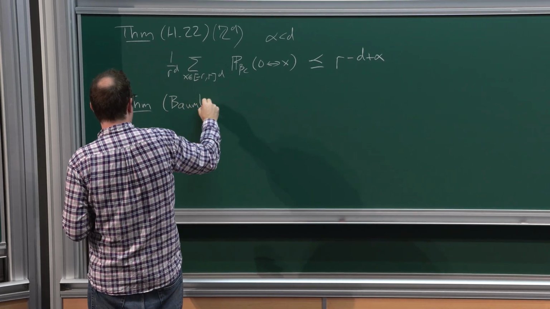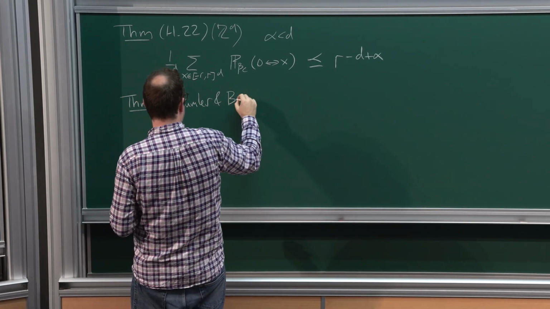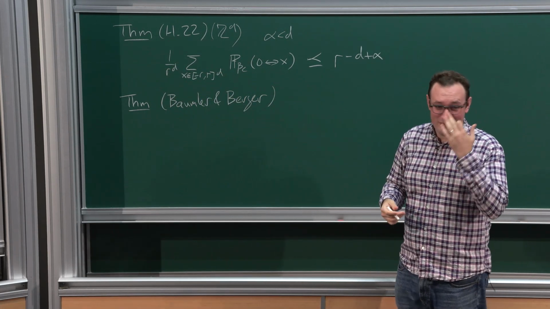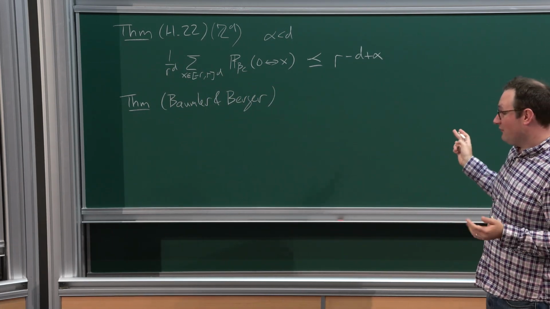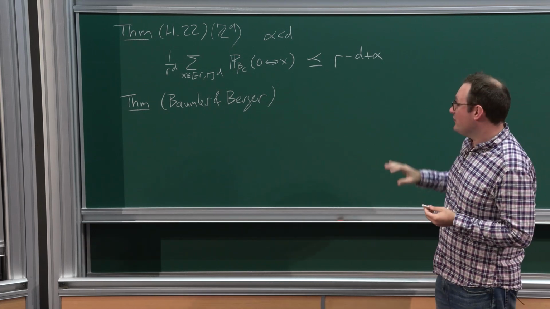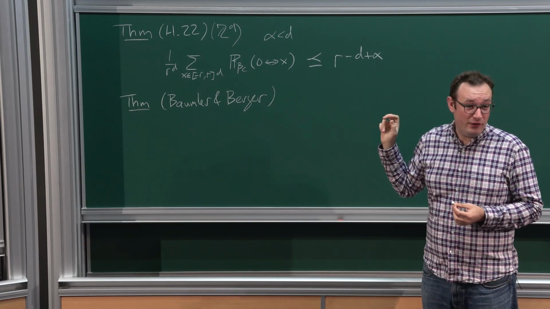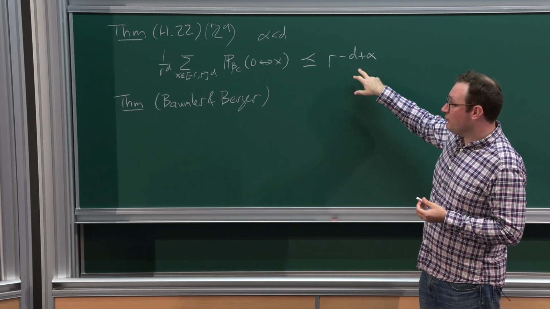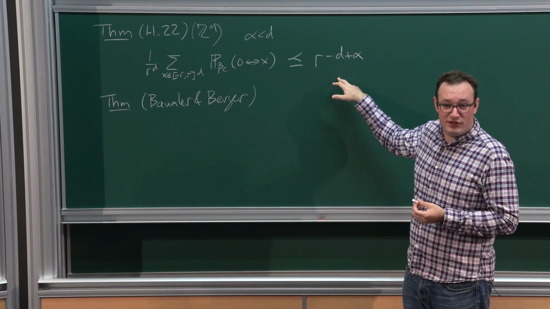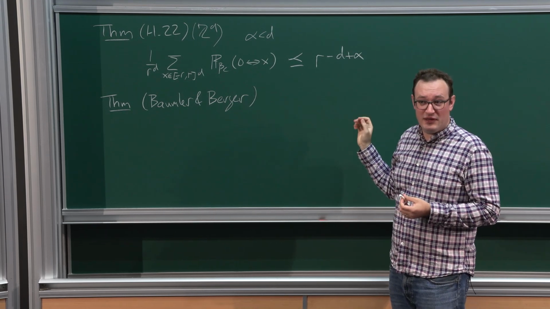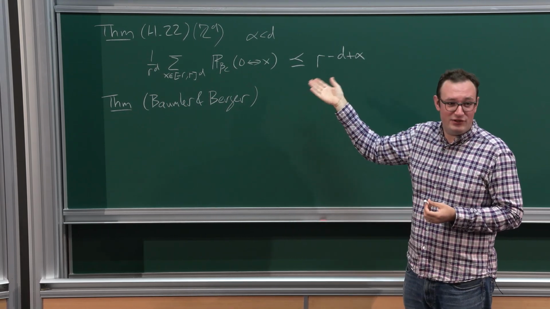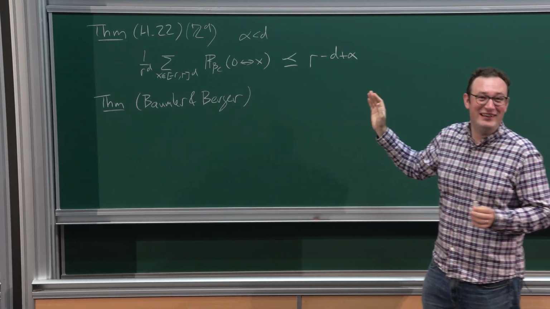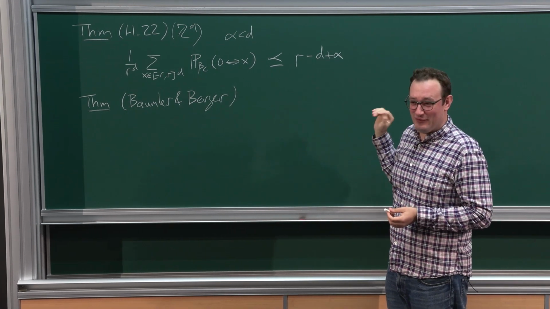When I wrote this paper, I had a section at the end with some problems. One problem that I wrote there, which we still can't solve, is: can you improve this to a pointwise bound? One thing that's really annoying is that you would like to deduce from this that the triangle condition holds when d is bigger than 3 alpha, but there's too much spatial averaging, and as far as I know, after spending a lot of time trying, you cannot deduce the finiteness of the triangle from this bound.